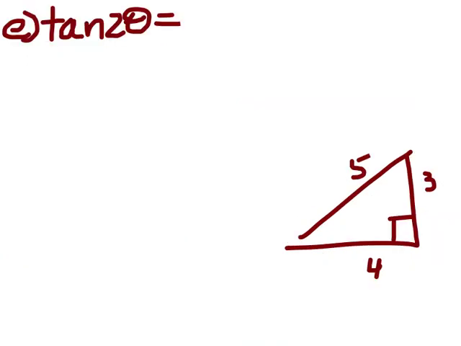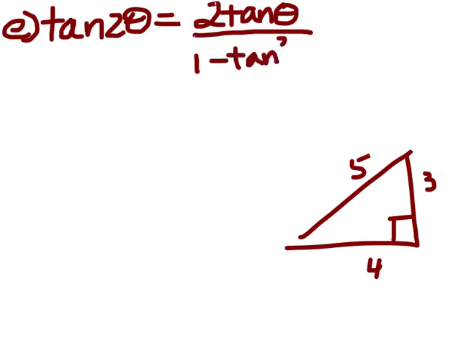If we look, we only get one formula for that, so we don't have any choices here. 2 times the tangent of theta divided by 1 minus tangent squared theta. Okay, so really all we have to do is find the tangent here. If our angle is here, tangent would be opposite over adjacent, right?